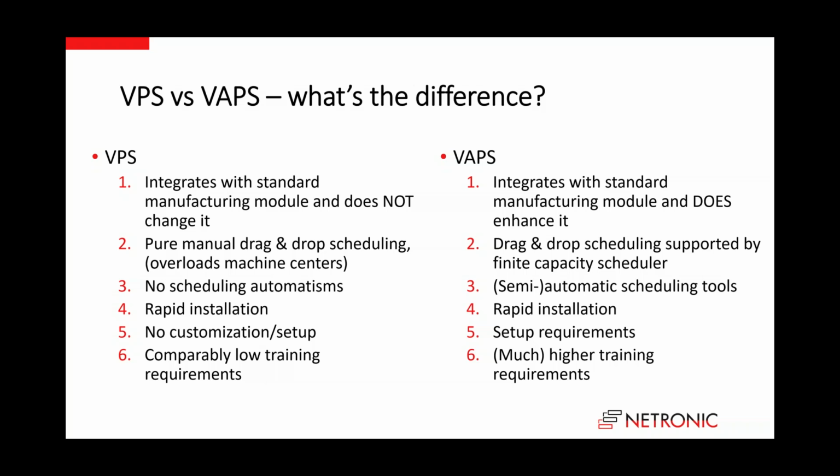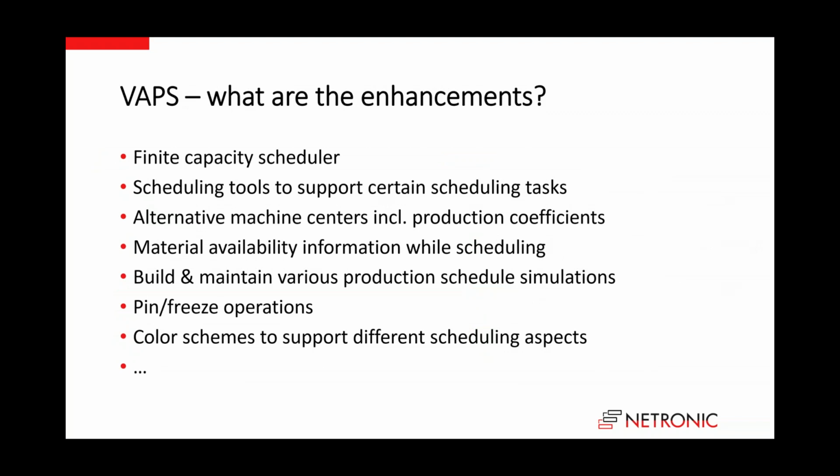And if they exist, you need to tell the system, hey, here are my alternative machine centers. So there are definitely some setup requirements. And with this, there are also higher training requirements to get going with the VAPS than there is with the VPS. So when we say the VAPS enhances Business Central and hence provides additional functionality, then what are the enhancements?